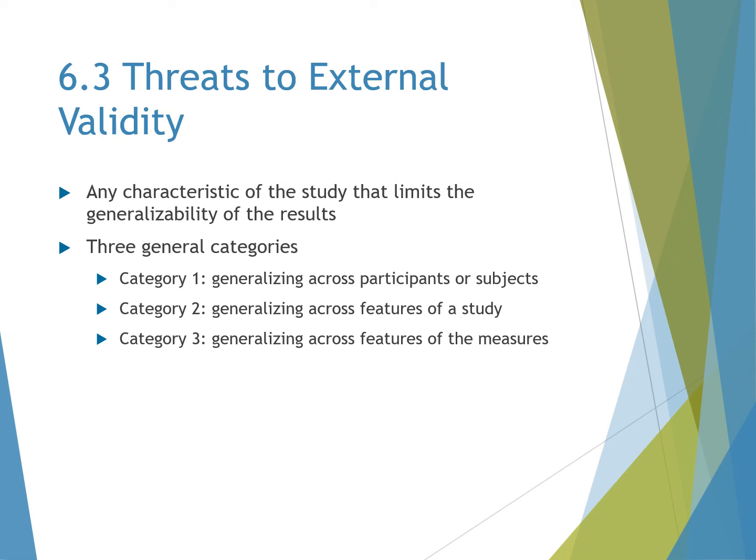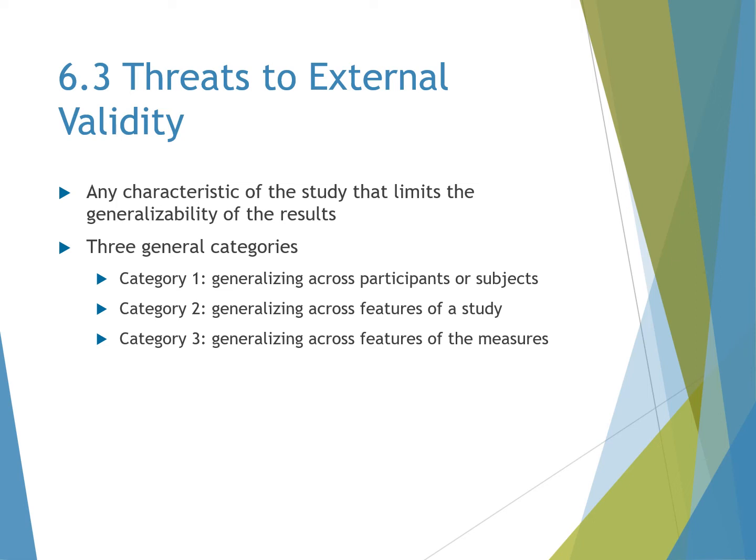Okay, so there are 3 different categories of threats to external validity. The first is generalizing across participants or subjects. So is there something unique about the people who participated in the study that means that we can't generalize to a broader population? An example of this is Kohlberg, who is famous for his work on studying moral development in children.